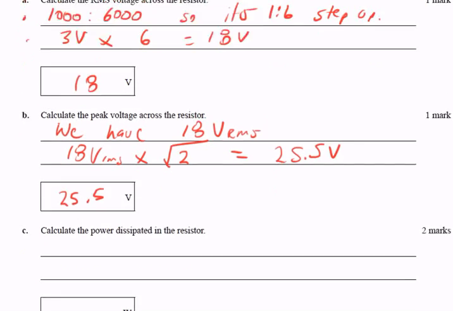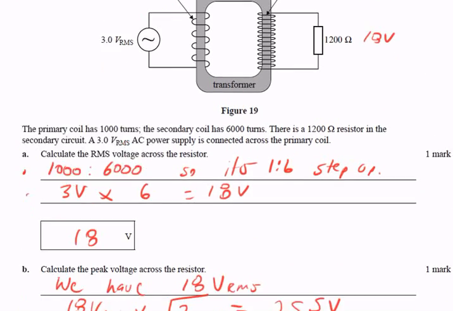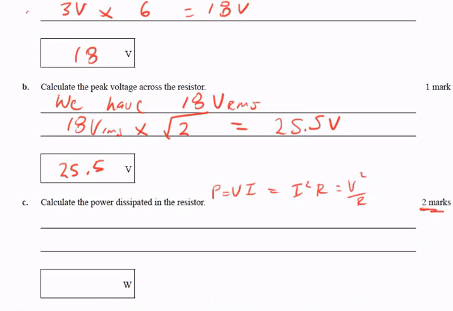And now we need to work out the power dissipated in the resistor for 2 marks. We've got 3 power formulas. We've got P equals VI, we've got I squared R, and we've got V squared over R. In this case, we haven't yet worked out I. We could if we wanted, but we don't need to because we can just go straight for this one here. Question is, do you use the RMS or the peak?